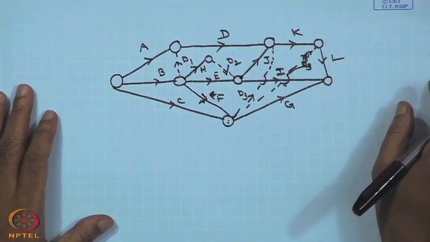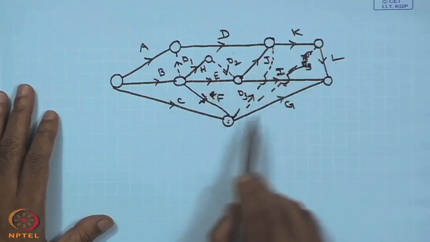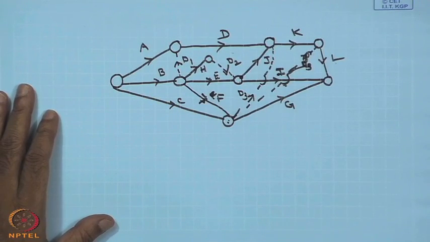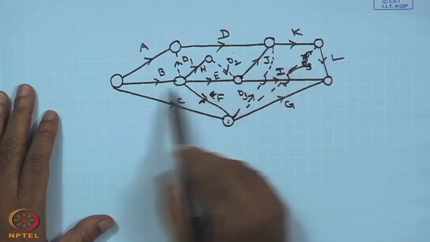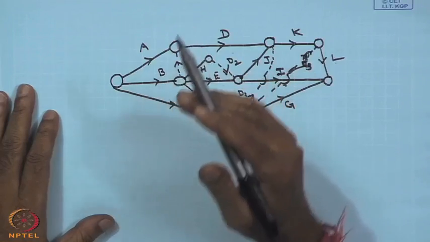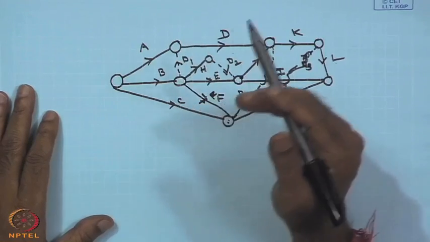I think it is clear now to you how we are drawing the network over here. Depending upon the problem given to you, you try to find out which precedes what or which succeeds what, what is the starting node, what is the ending node, and from there you can draw like this.